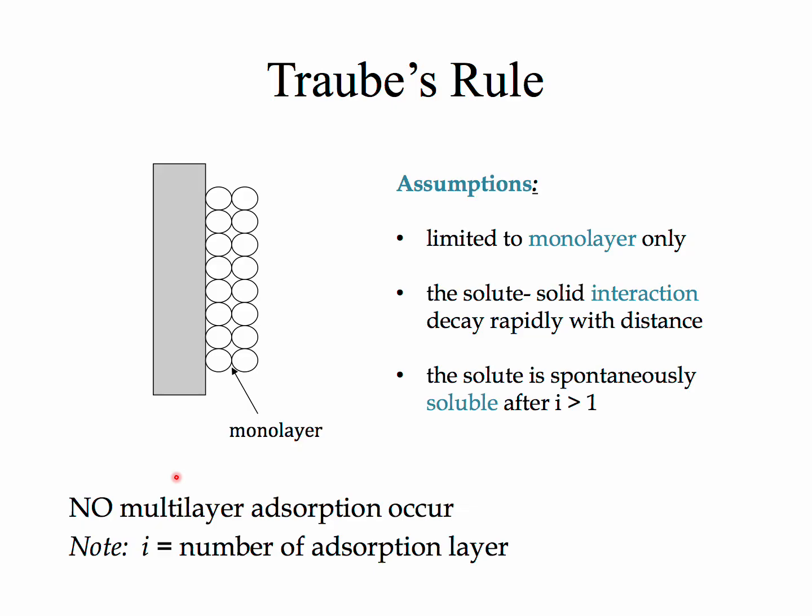When i equals 1, it means only one layer is present, which is consistent with this model. The key point: Thorpe's rules assume monolayer absorption with no further layer formation, and the absorption is mainly governed by interactions very close to the surface.